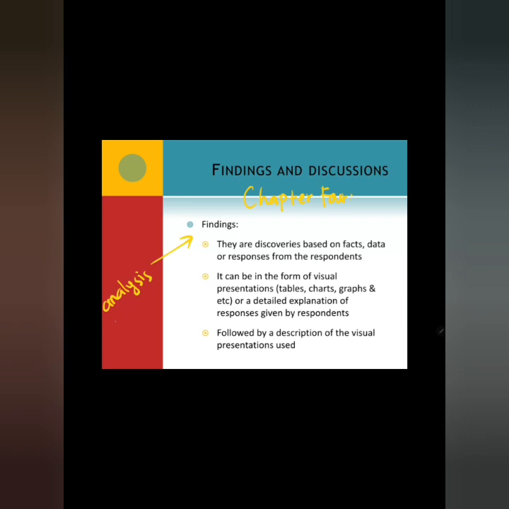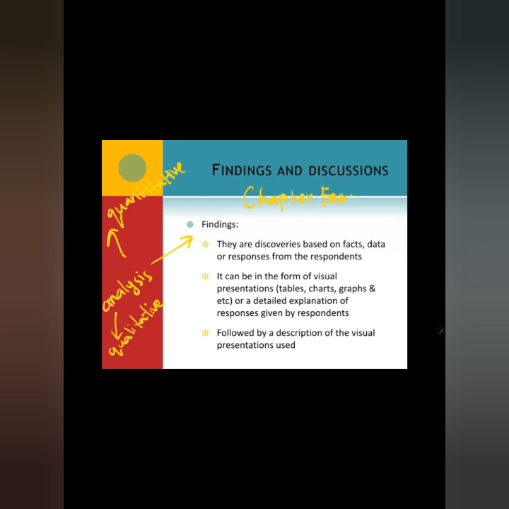Remember last time, we learned about how to analyze qualitative and also quantitative data, correct? Okay, so the analysis, in paragraph form, for every question in your questionnaire, in your interview, in your observation, you have to put it in the findings part.